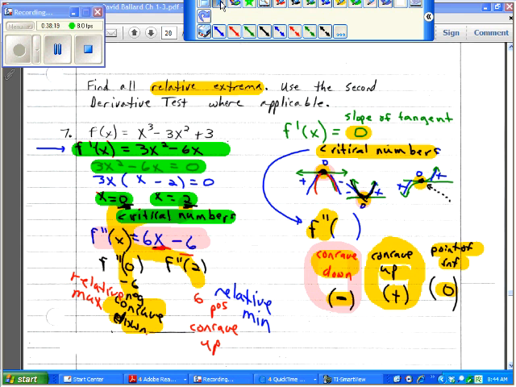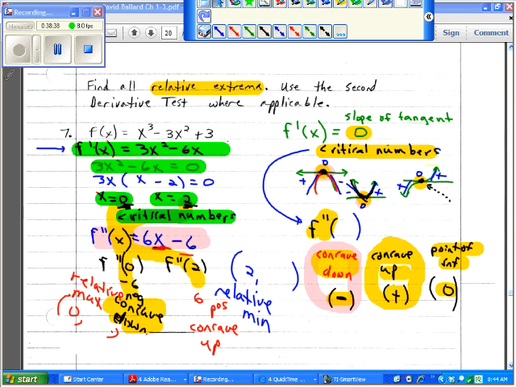Now, we still need to find those function values, right? So we're going to say there's a relative maximum at 0, something, and there's a relative minimum at 2, something.